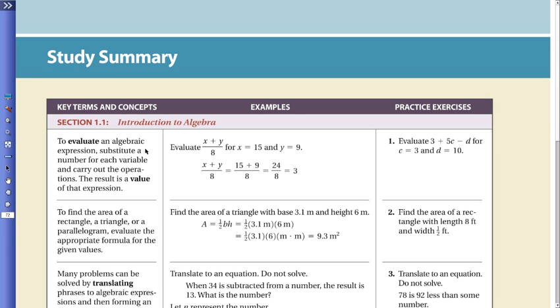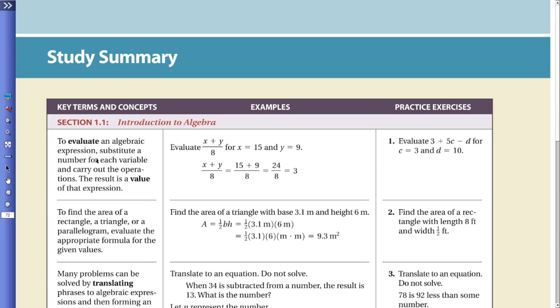Where they start out in this book is they start talking about algebraic expressions, which is basically something in algebra language. And algebra is made up of numbers and operations like addition, subtraction, multiplication, division, exponents, powers, which is really multiple multiplications, and so on.